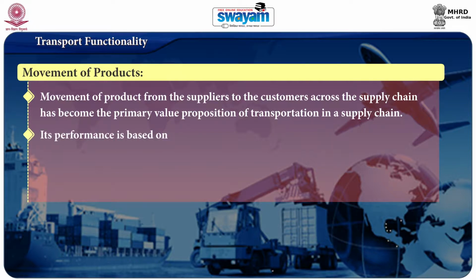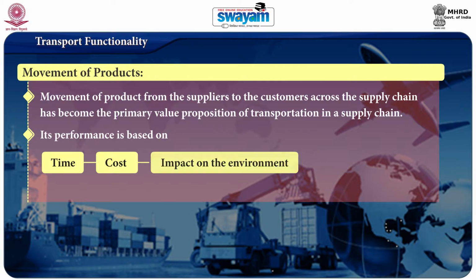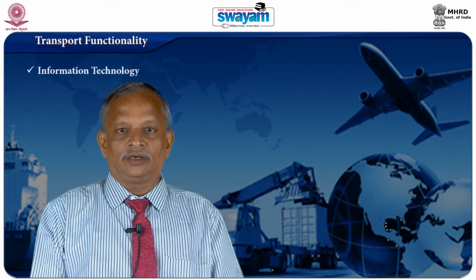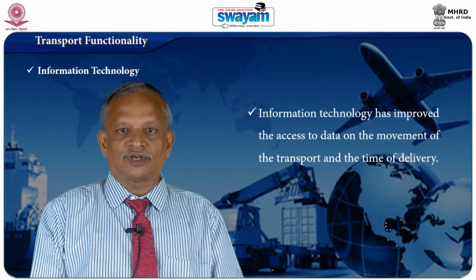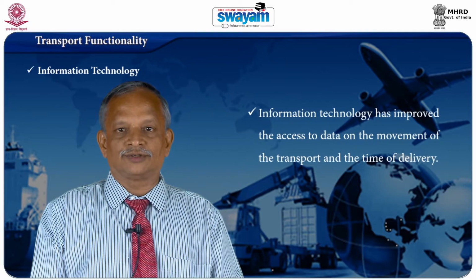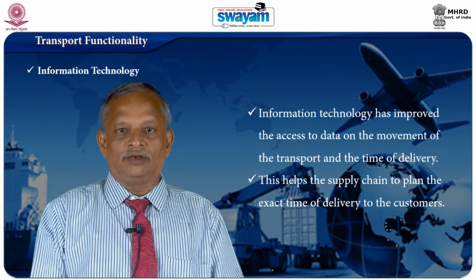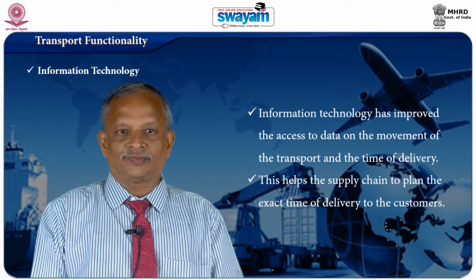Its performance is based on the time, cost and the impact on the environment. Today, the developments in information technology have significantly improved the access to data on the movement of the transport and the time of delivery, which helps the supply chain to plan the exact time of delivery to the customers.